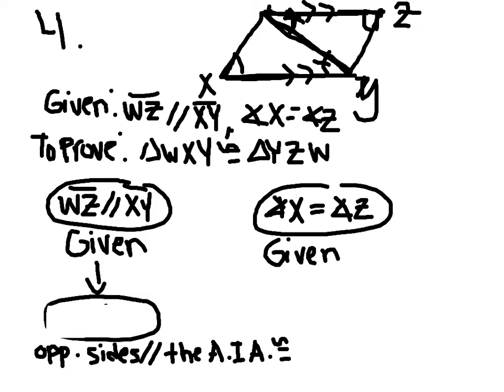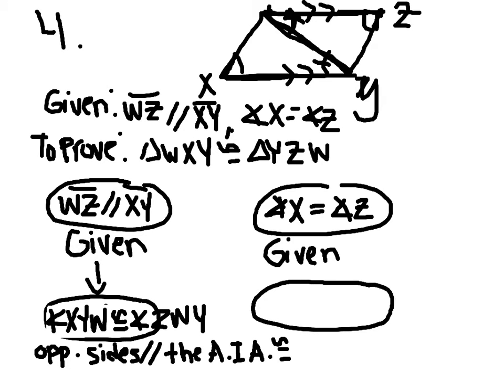Let's try that one more time. Angle XYW is congruent to angle ZWY. Okay? Now they also said that the sides in the middle are equal to each other. And we know that anything is equal to itself by the reflexive property.